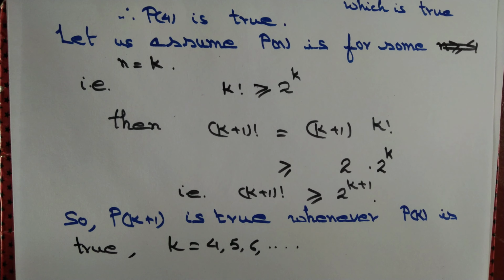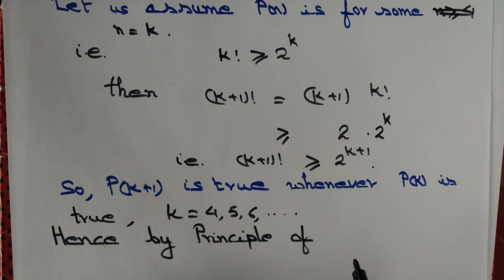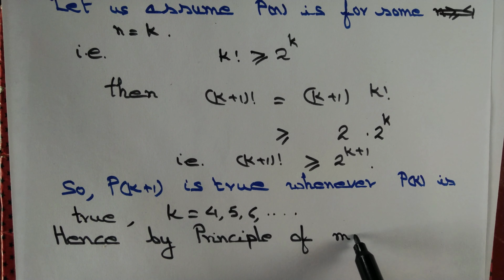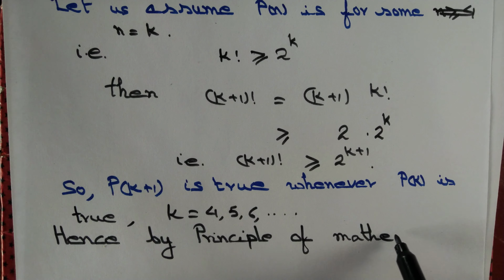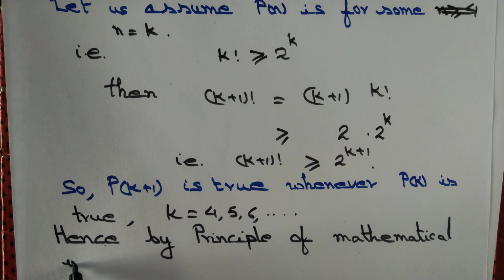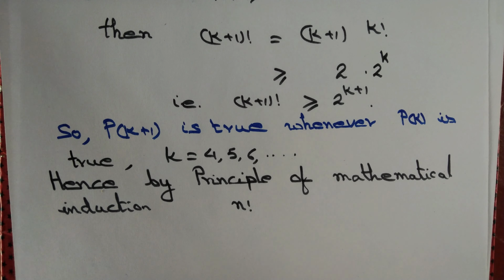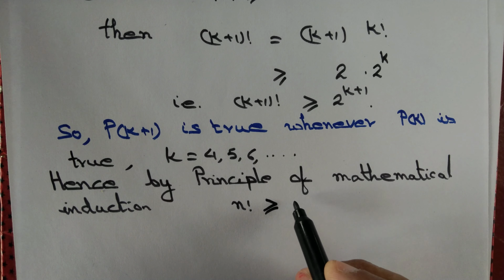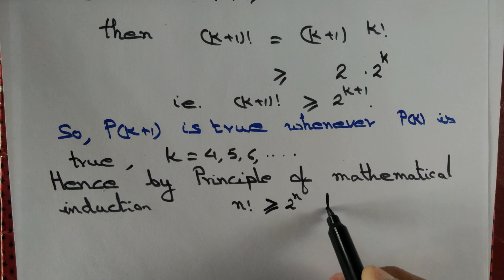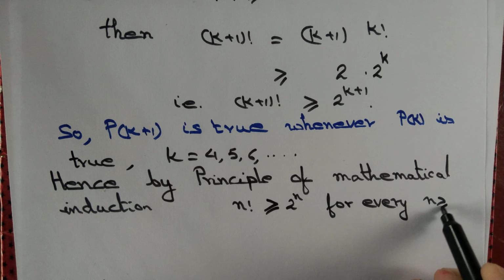Hence, by principle of mathematical induction, we can say that factorial n is greater than or equal to 2 to the power n for every n greater than or equal to 4.